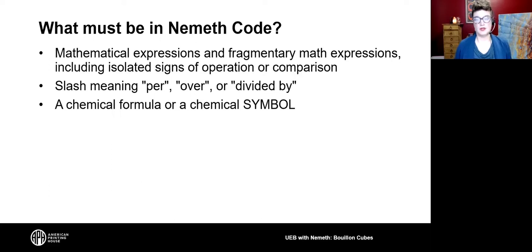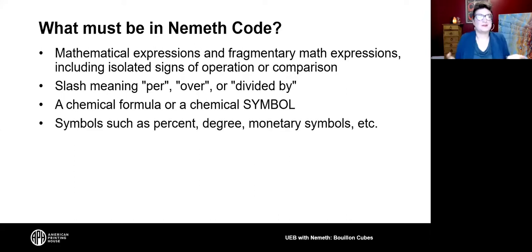A chemical formula or a chemical symbol. So H2O is a chemical formula, and a chemical symbol is the individual letter or the couple of letters that represents a chemical element. So He for helium, or H for hydrogen. We saw C earlier for carbon. Each of those is a chemical symbol. It's the letter or collection of letters that represents a chemical element.